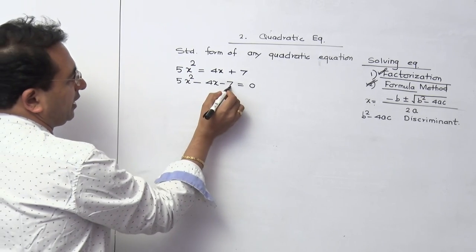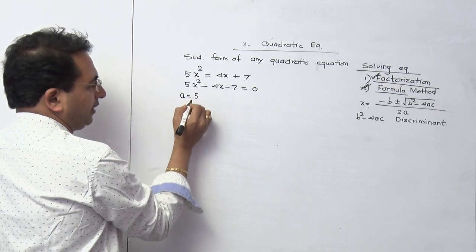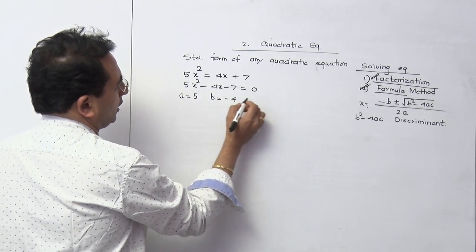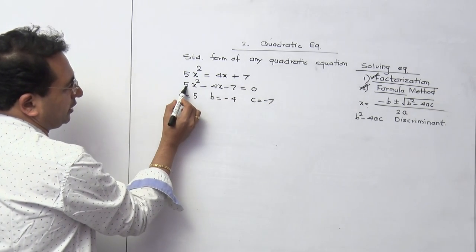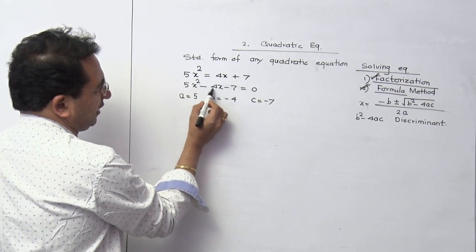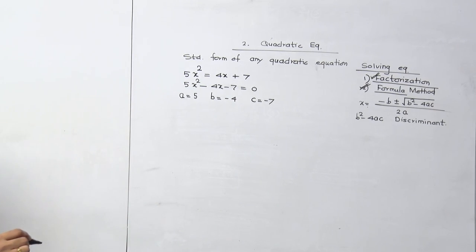Now, if you compare this equation with the standard form, the value of a is going to be 5. The value of b is going to be minus 4. And the value of c is going to be minus 7. Check this again. The value of a is 5. The value of b means the coefficient of x, that is minus 4. And the value of c is minus 7.